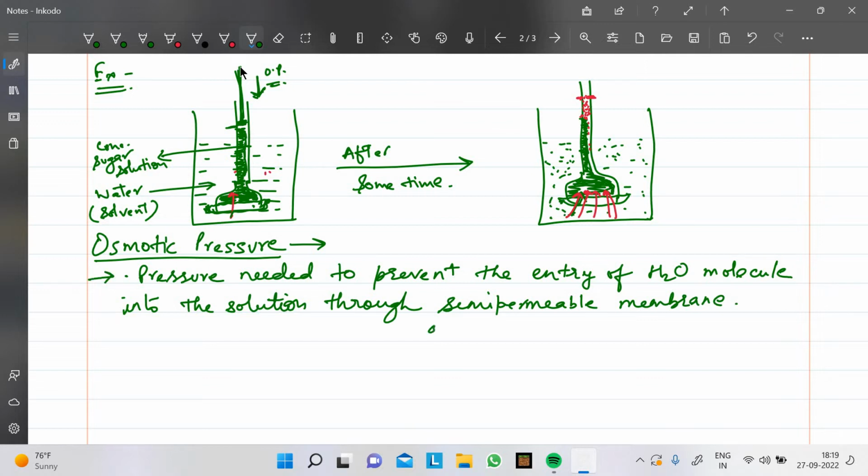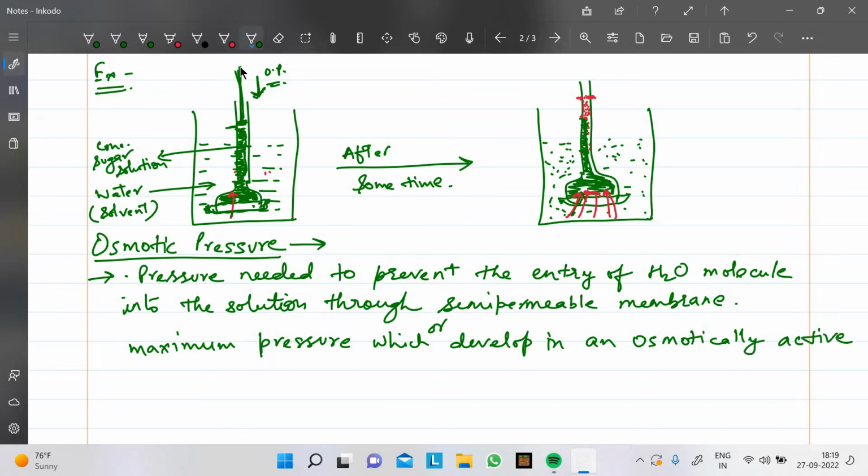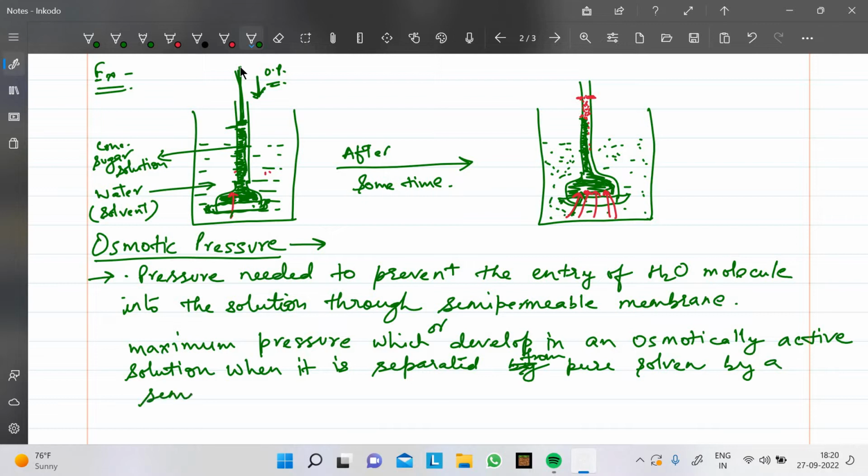And the second definition: it is the maximum pressure which develops in an osmotically active solution when it is separated from pure solvent by a semi permeable membrane. Clear?